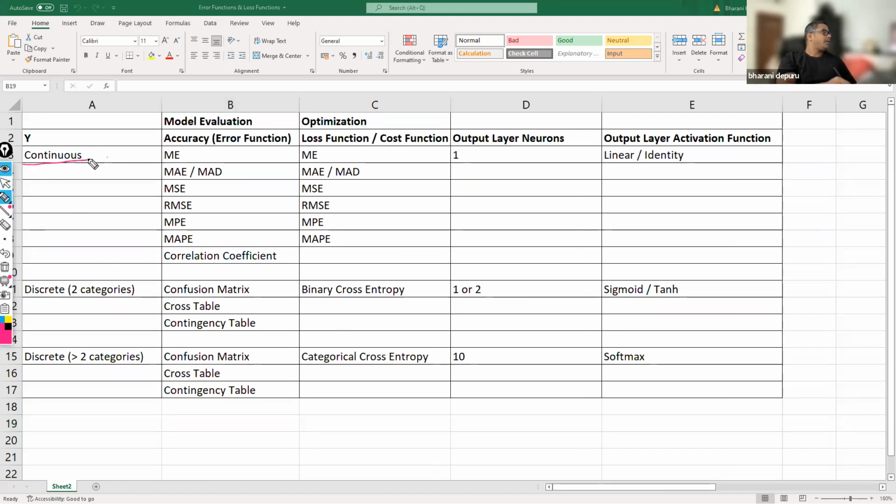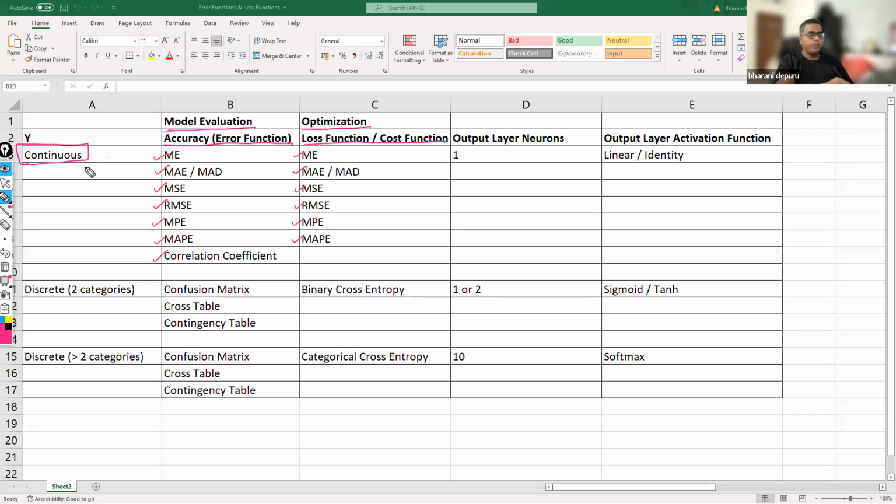If the output variable is continuous, for model evaluation purposes, we use accuracy measures like mean error, mean absolute error, squared error, root mean square error, etc., and correlation coefficient. When it comes to optimization, we use loss functions or cost functions such as mean error, mean absolute error, and so on and so on.